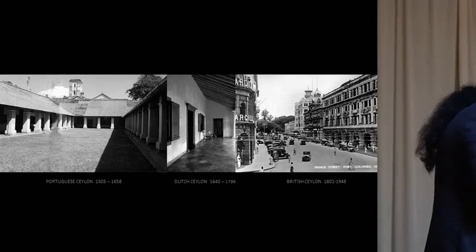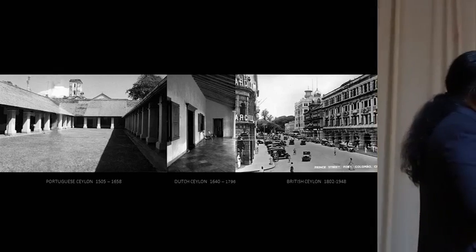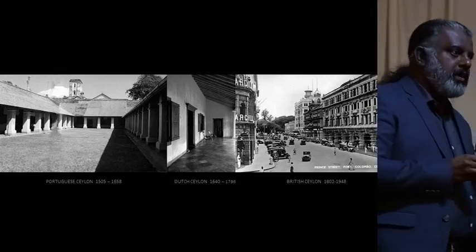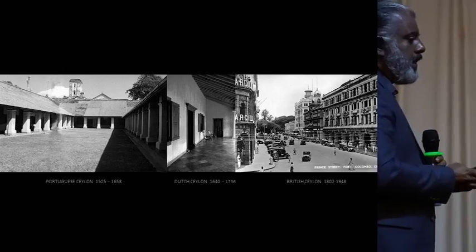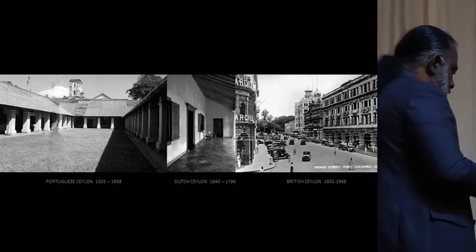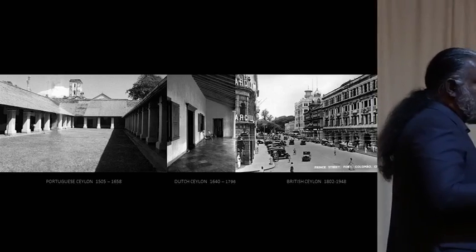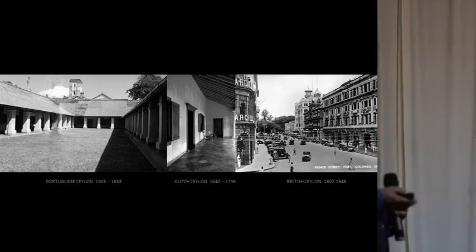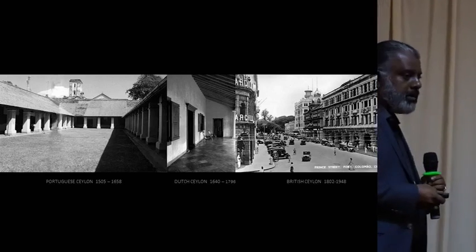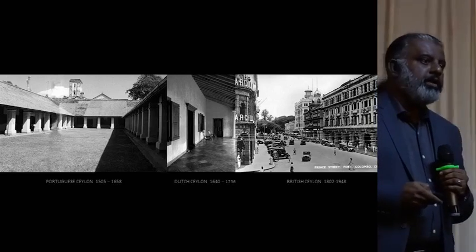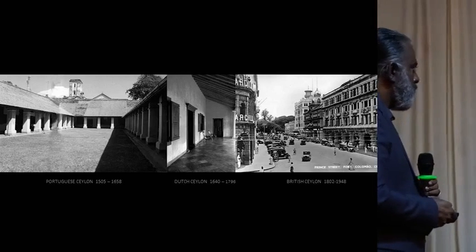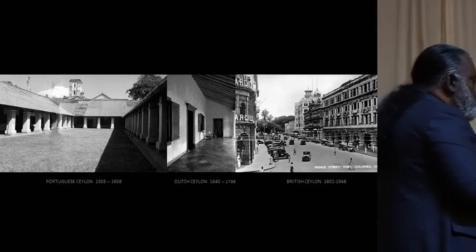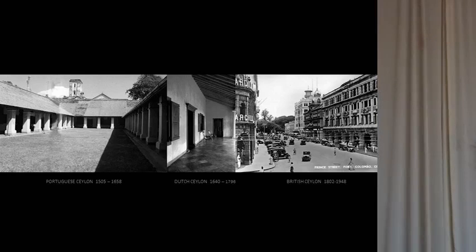And from there, I think we had three periods of colonization. Initially, we started with the Portuguese, and then the Dutch controlled part of the country, and then finally the British established their rule in Sri Lanka. And in 1948, we got our independence. You can see the different types of architecture introduced throughout that period.